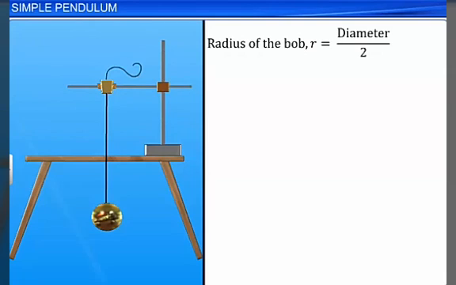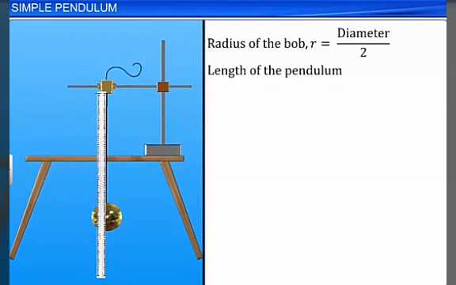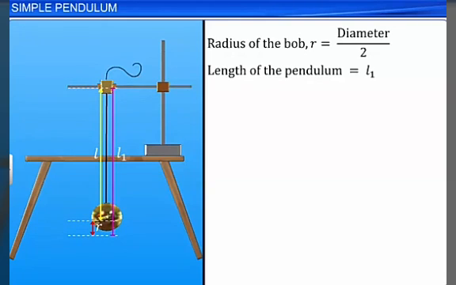Now measure the length of the pendulum from the point of suspension to the bottom of the metallic bob using the meter scale. Let this be L1. Calculate the effective length of the pendulum by subtracting the radius of the bob from the measured length L1. That is, L is equal to L1 minus r.